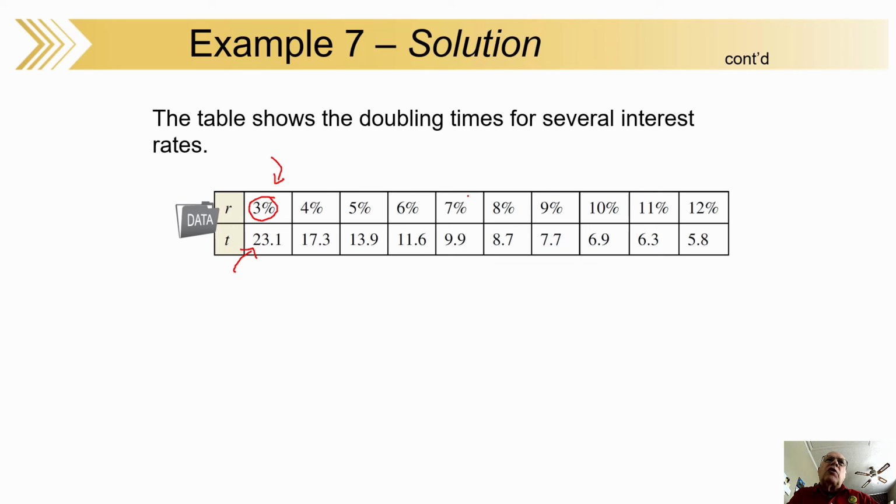However, if you go to the bank further downtown that offers 7%, you'll only have to wait 9.9 years for your money to double. Or go to the next town where they're offering 12%, you'll only have to wait 5.8 years until your money doubles. And there you go.